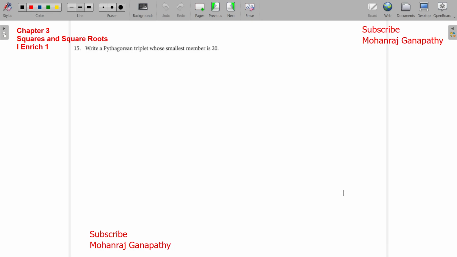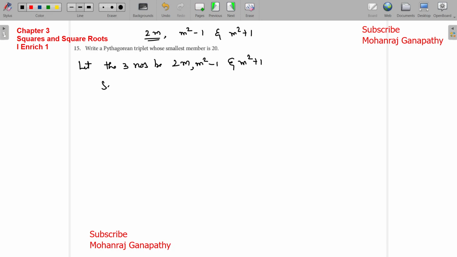15th sum. Write the Pythagorean triplet whose smallest number is 20. Among 2m, m square minus 1 and m square plus 1, which is the smallest number? Yes, right, 2m is the smallest number. Let the three numbers be 2m, m square minus 1 and m square plus 1. Smallest number is 20, therefore 2m is equal to 20.